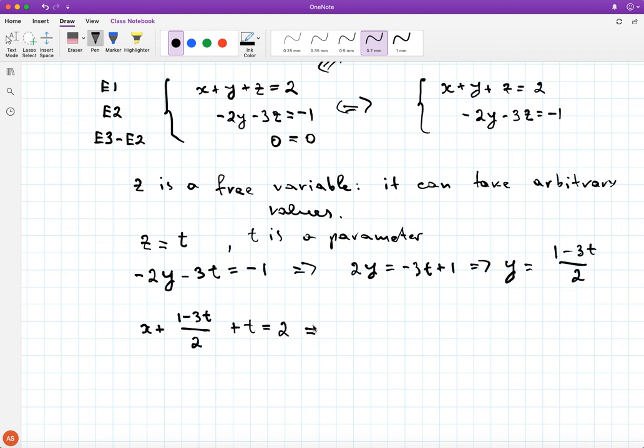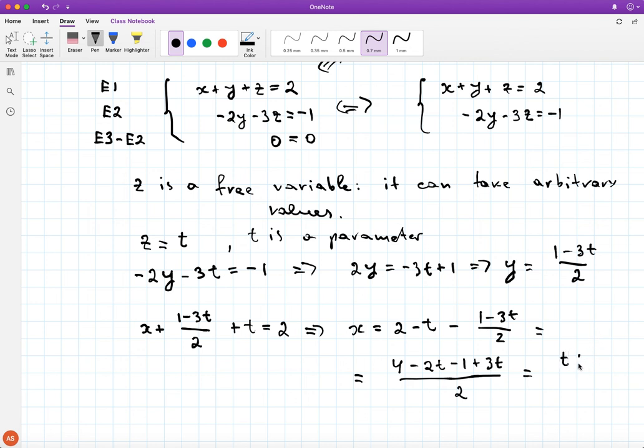So from here, we can solve for x, and we find that x equals 2 minus t minus (1 minus 3t) over 2. If we make a common denominator and simplify everything, we'll get (4 minus 2t minus 1 plus 3t) all over 2, which simplifies to (t plus 3) over 2.